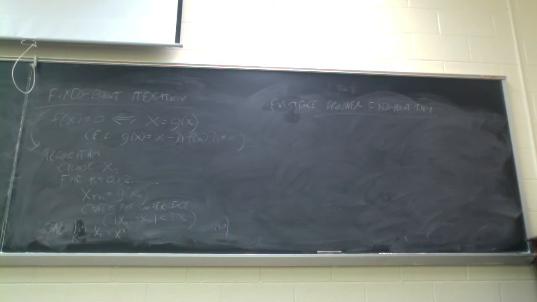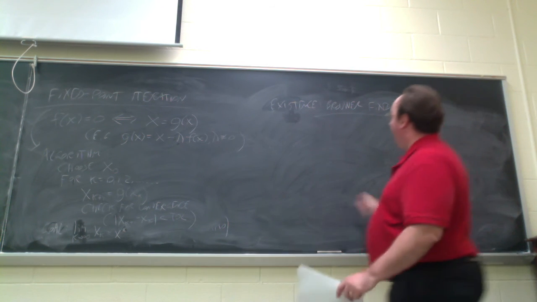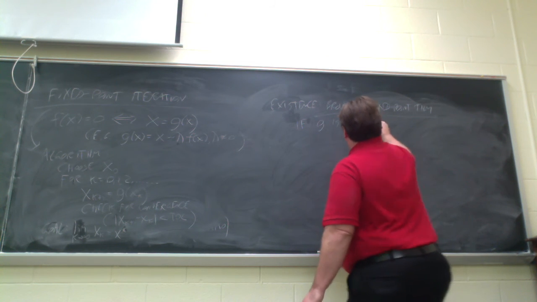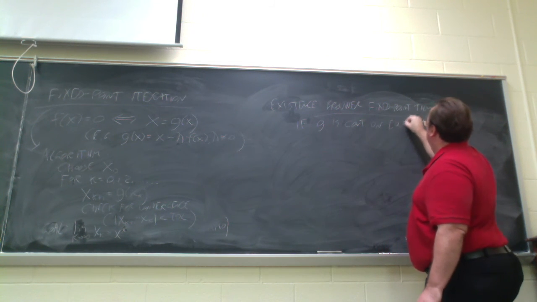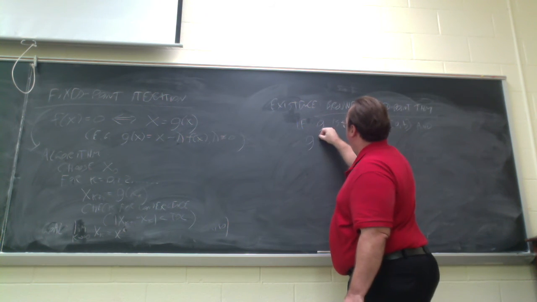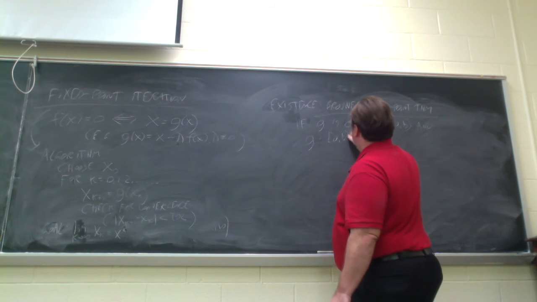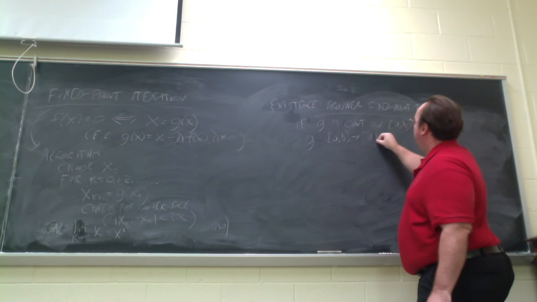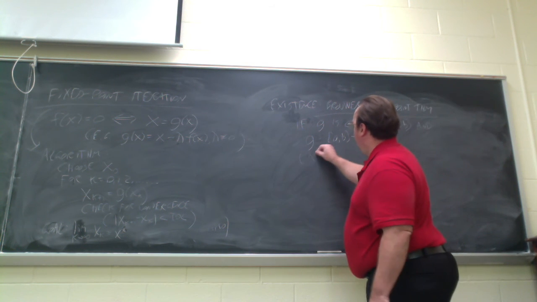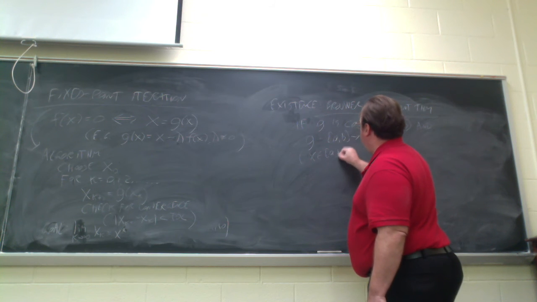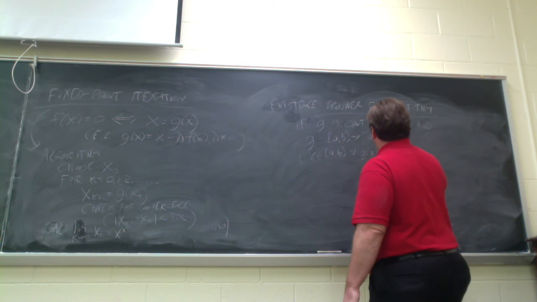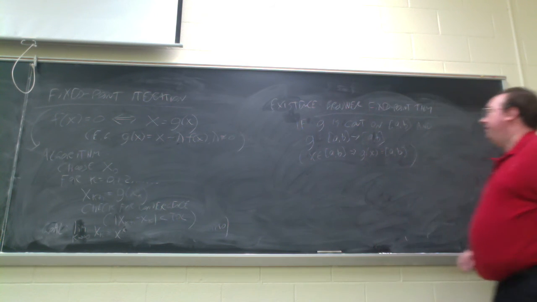And what that states is, if your function g is continuous on a closed interval [a,b], and the function g maps the interval [a,b] into itself. So in other words, if x is in the interval [a,b], then g(x) also is in [a,b]. See? So once you're stuck in the interval, you can't get out.